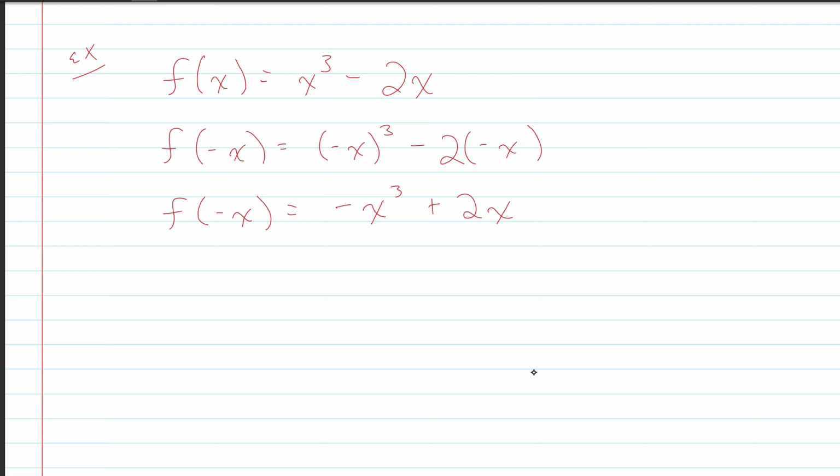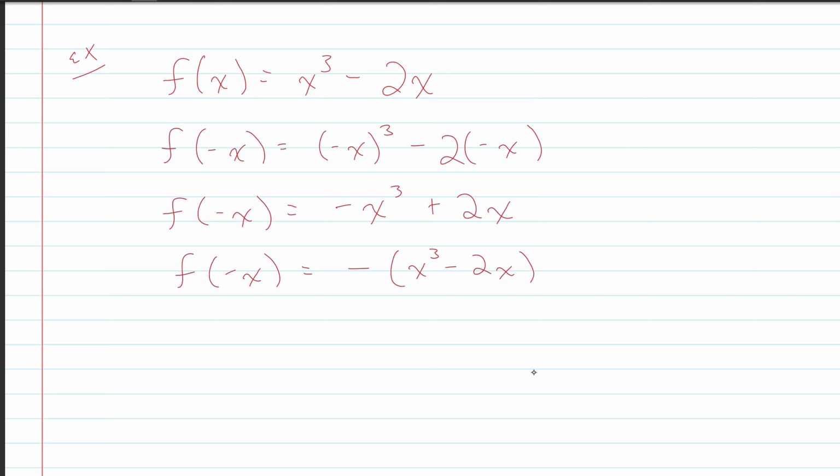So let's take a close look at this. Here we have a negative x to the third and a positive 2x. If we were to rewrite this, f of negative x, we can pull a negative on the outside of x to the third minus 2x, which was the original, meaning it's the opposite. We can already tell from the previous step.